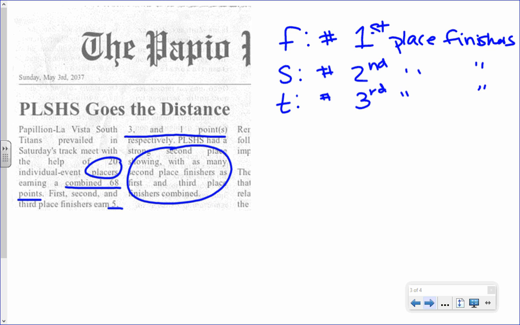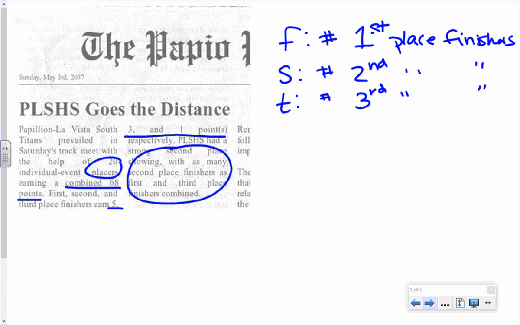All right, so if we have 3 unknowns, how many equations should we try to write? 3. You have to have 3 in order to be able to solve for those. All right? So let's take our first piece of information, 20. We have 20 individual event placers. What would need to add to 20?